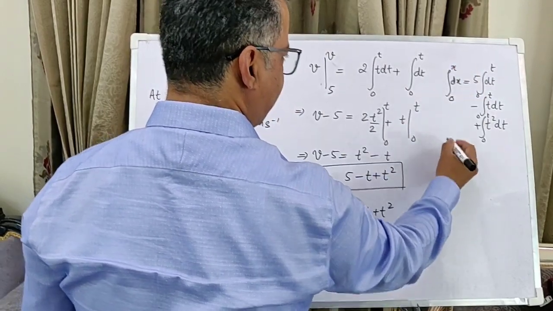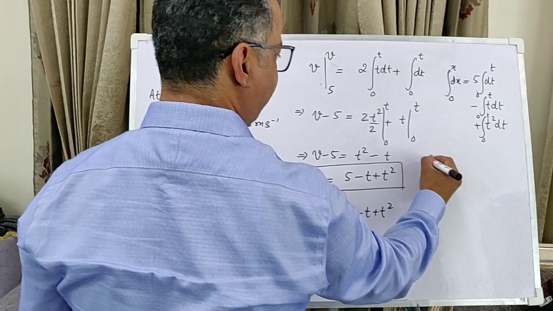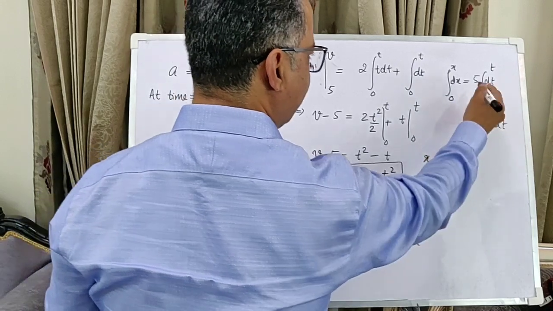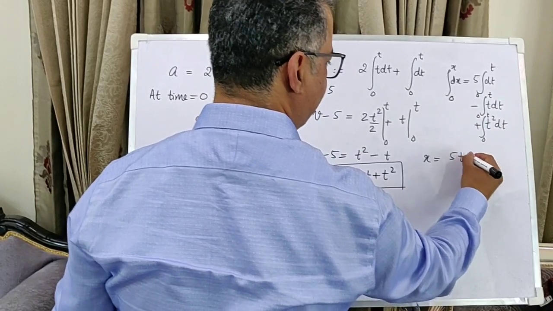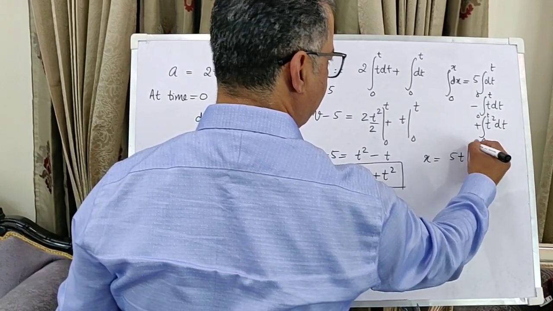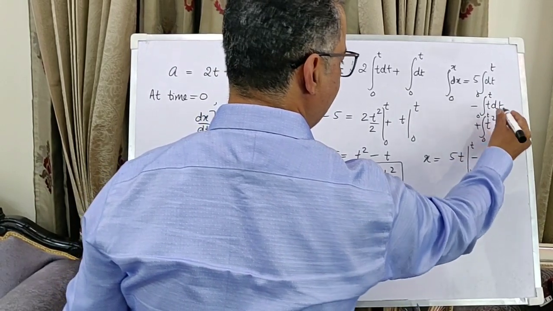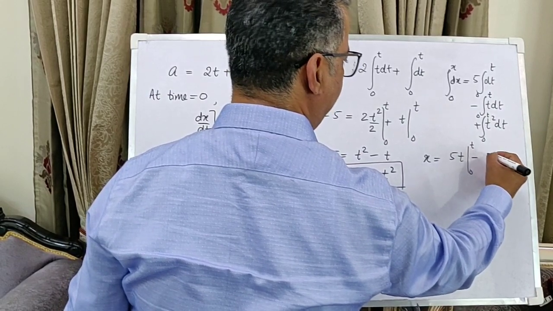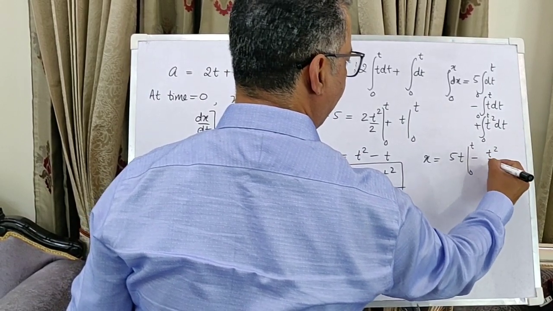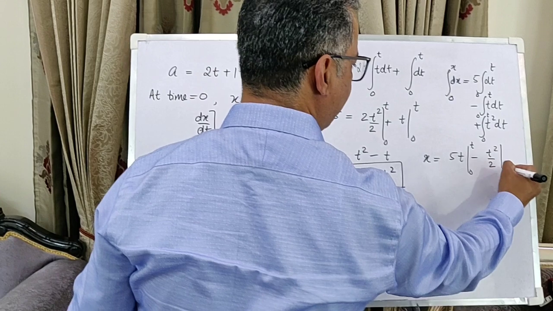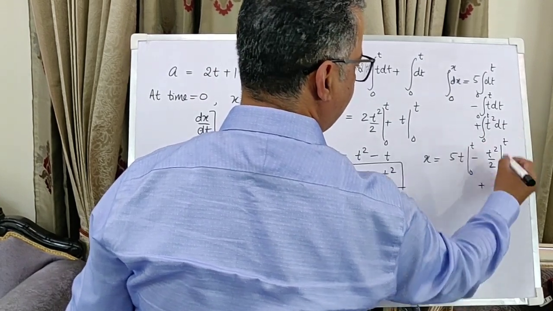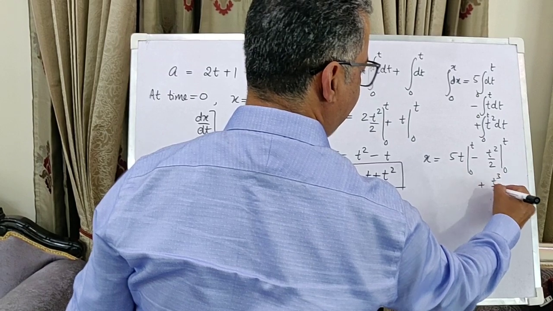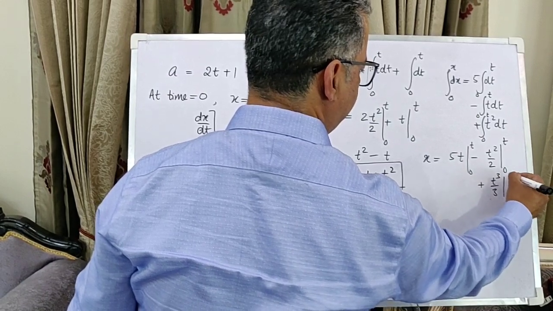So dx integrated gives us x, we implement these limits, we end up with x on the left hand side, on the right hand side 5 dt integrated gives t, 0 to t, minus t dt integrated, t square by 2, 0 to t, plus t cube by 3, 0 to t.